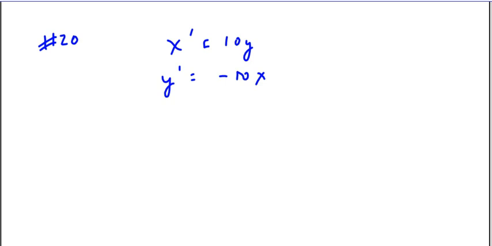Number 20. I have x prime is equal to 10y, and y prime is equal to minus 10x. And I think I have initial conditions. x of 0 is 3, and y of 0 is 4.